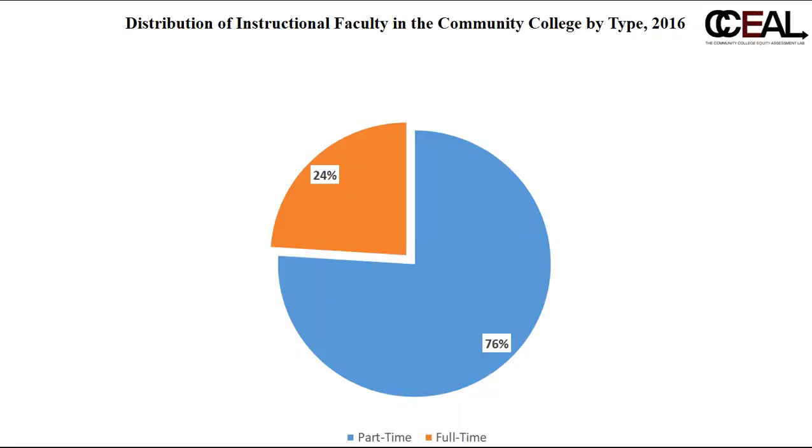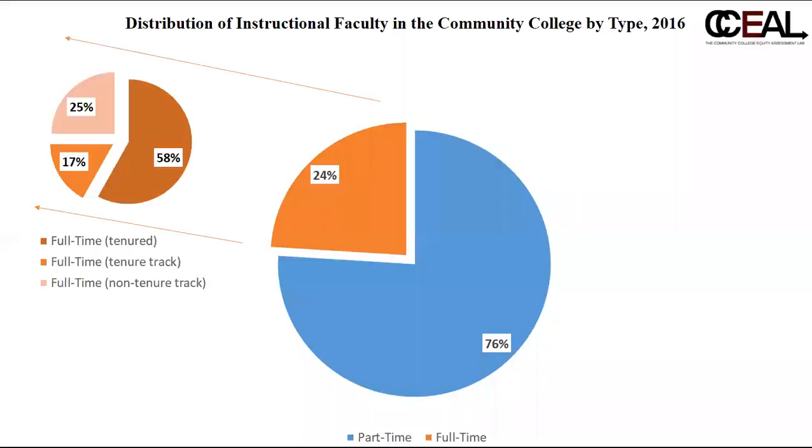Now, what we did is we took our sample from the Community College Instructional Development Inventory, and we said, let's look deeper at what this distribution looks like, because maybe that has some implications for faculty professional development. So let's start out with the full-timers. 58% of full-timers are full-time tenured faculty. 17% are tenure track and 25% are non-tenure track, and those are primarily faculty who are at non-union institutions.